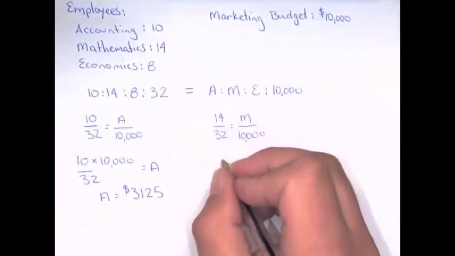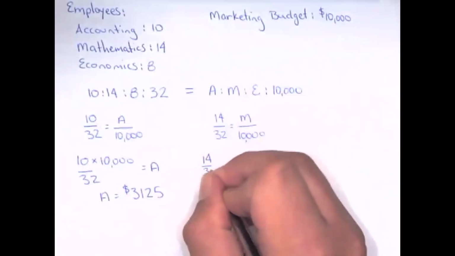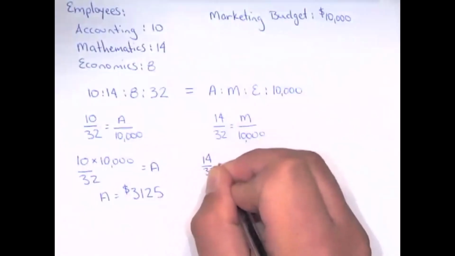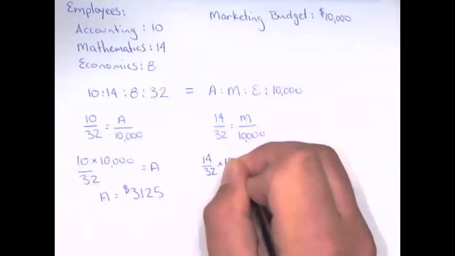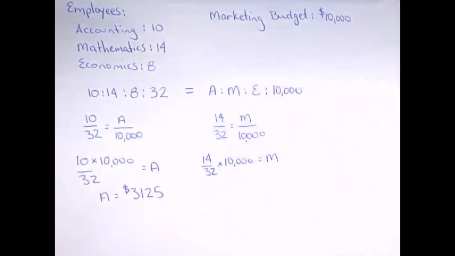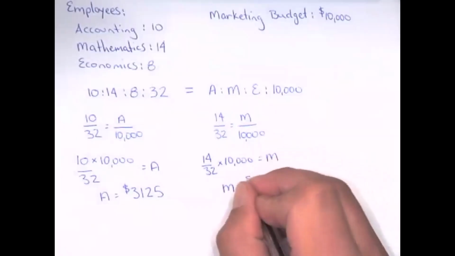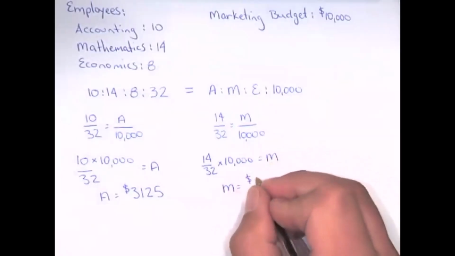So again, multiplied through by 10,000, we get 14 over 32 times 10,000. That's our math budget. And that comes out to M equals 4375.